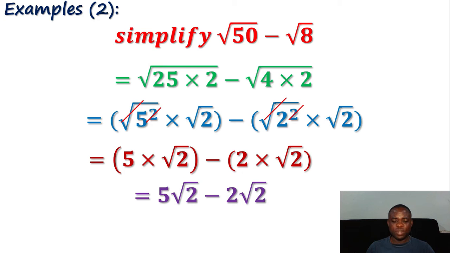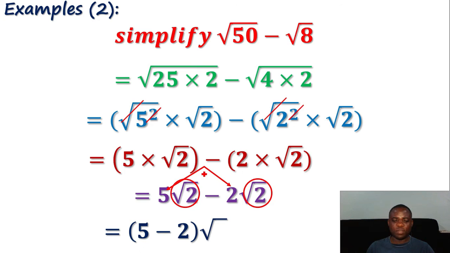Since the roots of both sides are the same, we add the coefficients of these sets, and in this case we are subtracting. So this is going to give us 5 minus 2 root 2, which is equal to 3 root 2.